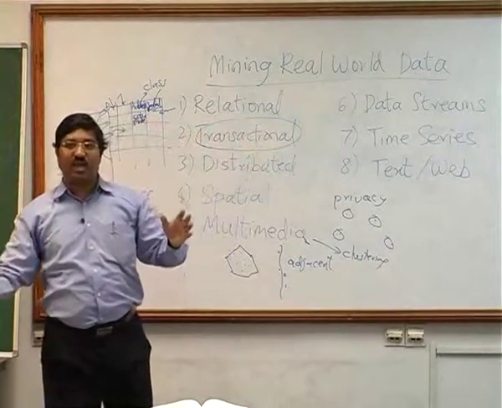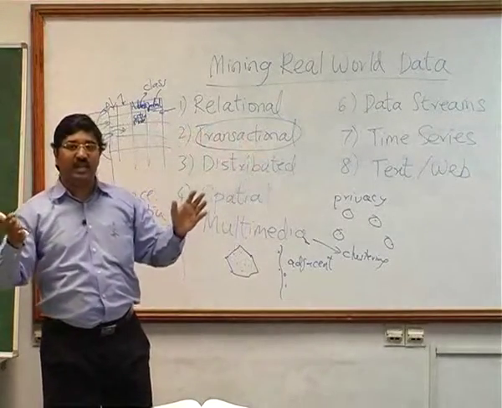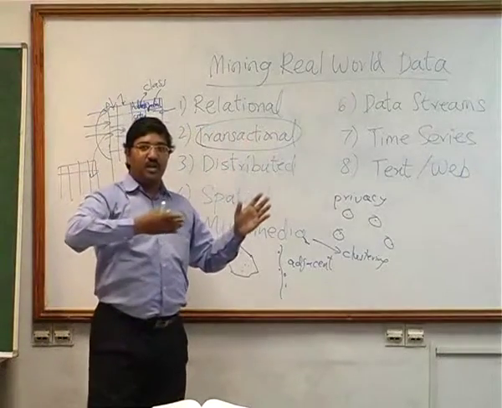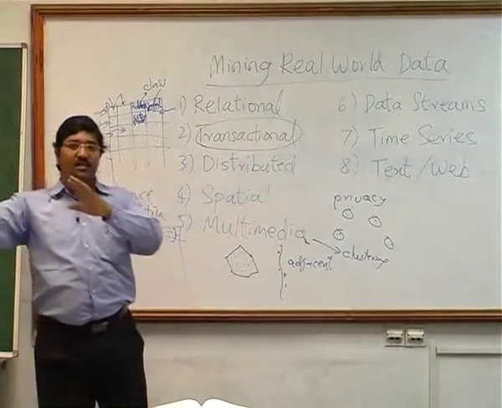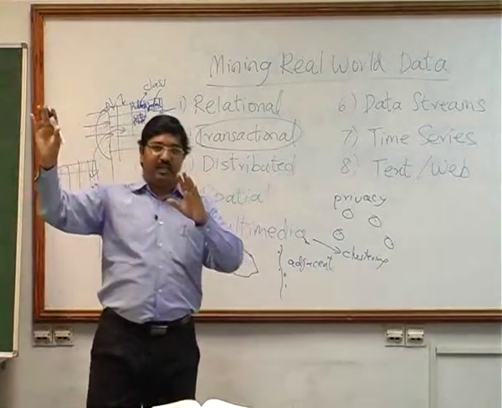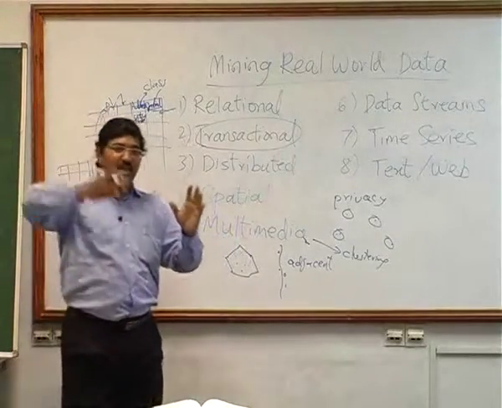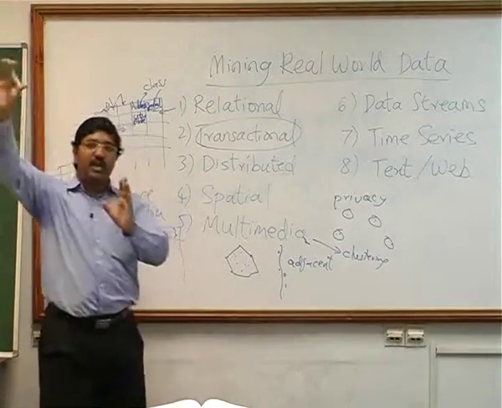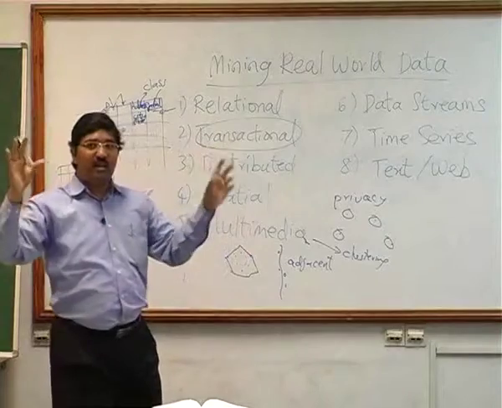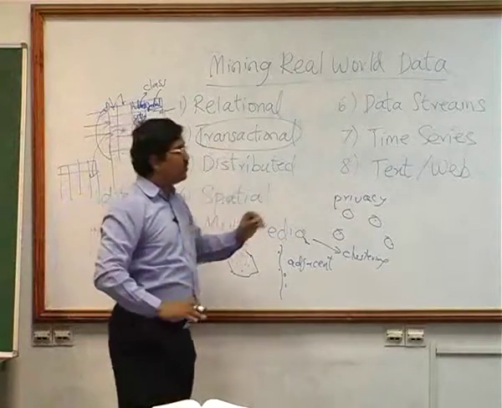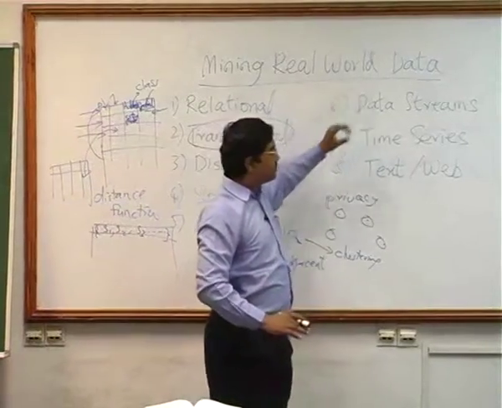Throughout the day a large number of records are created, and they come as a stream. The stream is so big that you cannot store it effectively, so you cannot store it and then mine it. As the stream is coming, you have to mine it on the fly. So you need special techniques for data streams.